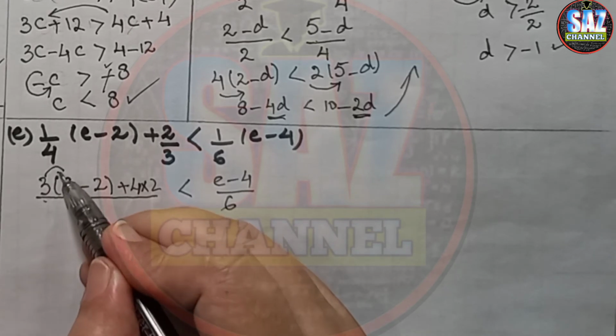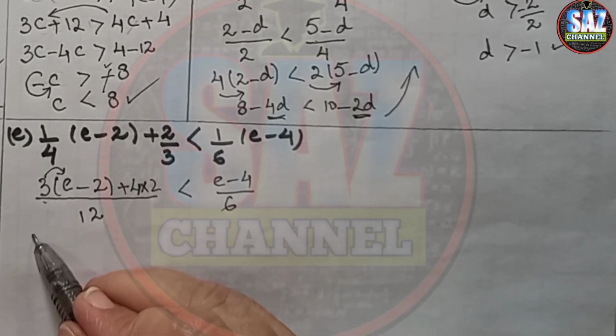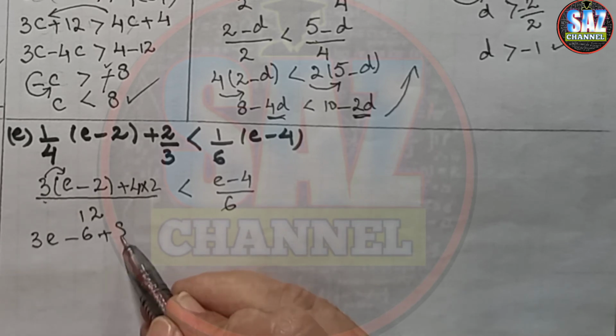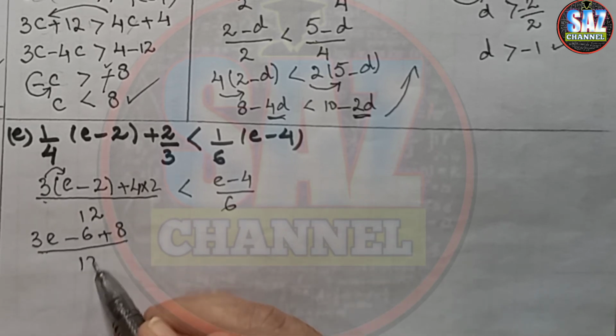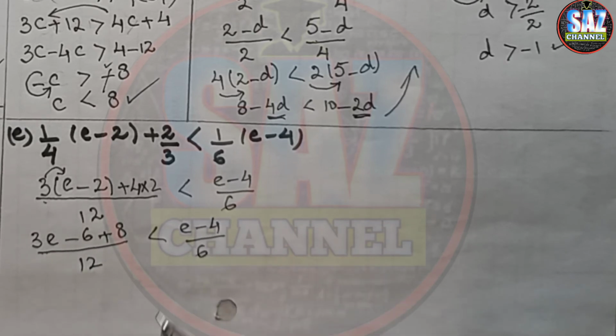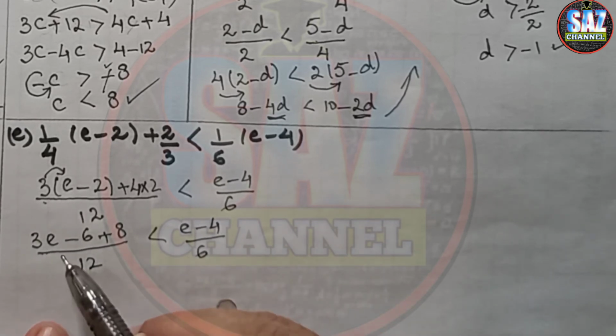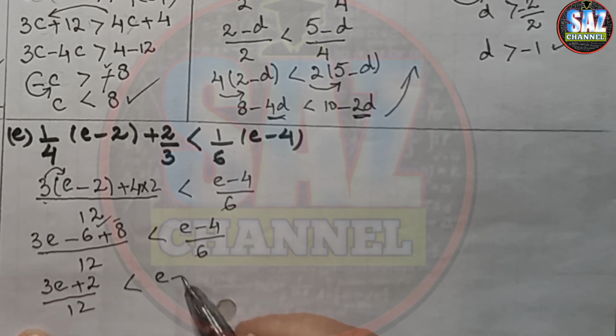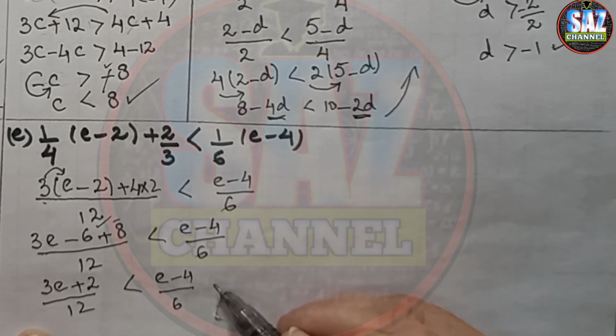Now apply the distributive property carefully, that is (3e minus 6 plus 8) upon 12 is less than (e minus 4) by 6. And now what we have to do, we can solve minus 6 and 8, and this can give me (3e plus 2) upon 12 is less than (e minus 4) by 6.